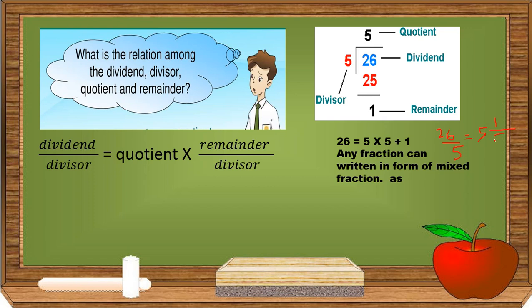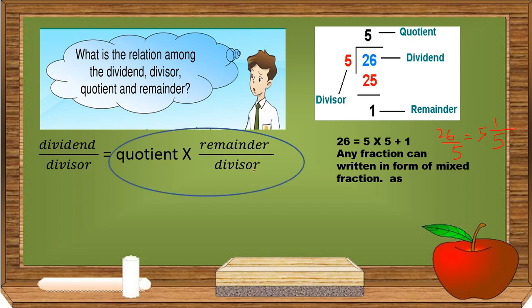In terms of quotient, dividend, divisor and remainder, we can write 26 as the dividend, 5 as the divisor, this 5 we get in the place of the quotient, and 1 is the remainder, and 5 is again the divisor. So dividend upon divisor is equal to quotient plus remainder upon divisor.